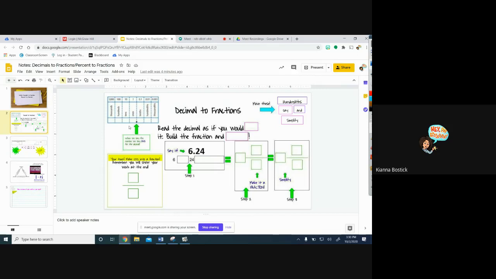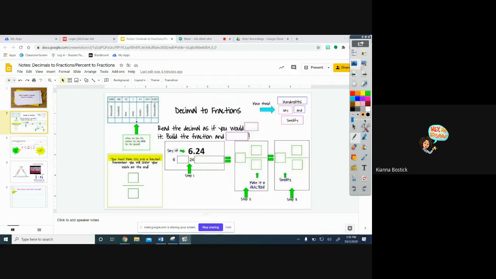When we are talking about our numbers and our decimals, sometimes we will say the number, and we say "and" for the decimal. So we could say this one like 6 and 24 hundredths, because the 4 ends in the hundredths spot.